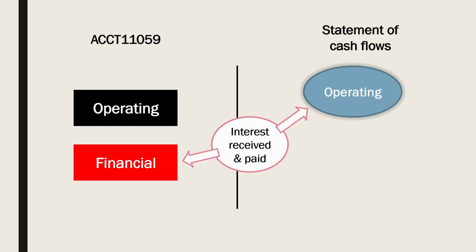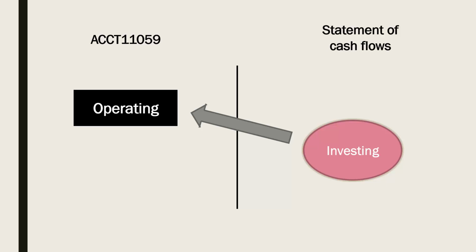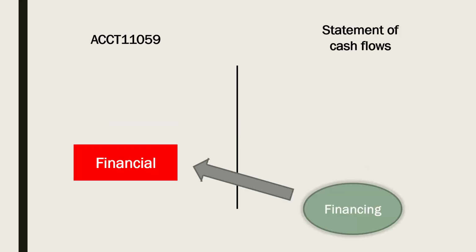We included these items as part of a firm's financial activities in Act 11059. Investing activities in a Statement of Cash Flows were included as part of a firm's operating activities in Act 11059. And financing activities in a Statement of Cash Flows are all included as part of a firm's financial activities in Act 11059.